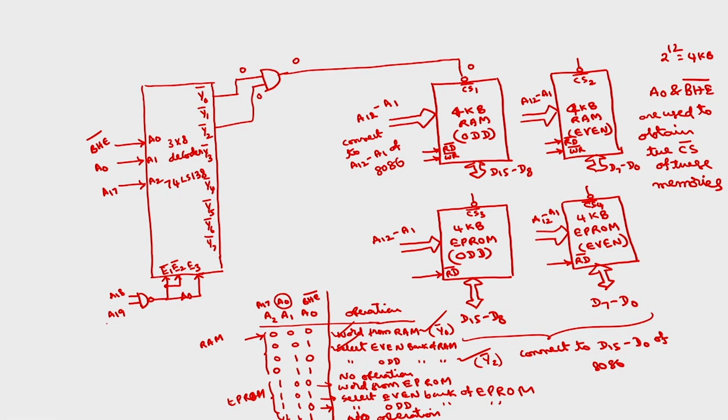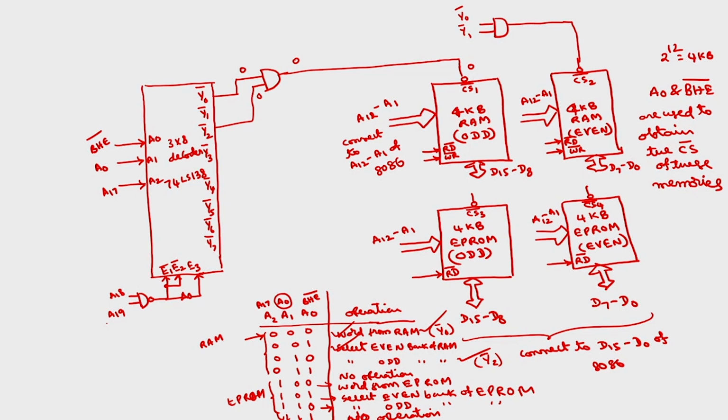So in these two cases, what will be the output of this chip select signal? So here also you have to connect to an AND gate. The output of the AND gate you have to connect to the chip select of this even RAM. What will be the inputs now? Because the first two are Y0 bar and Y1 bar. Clear? This is about the RAM selection.